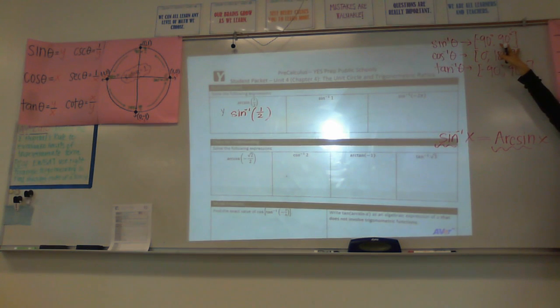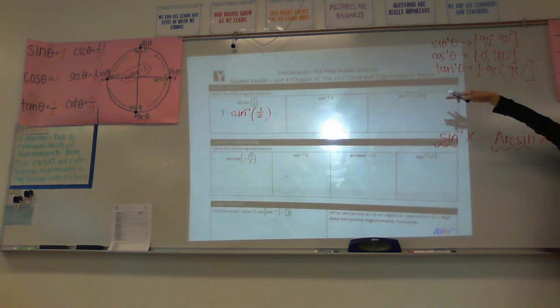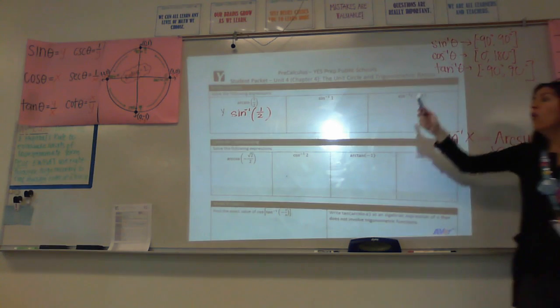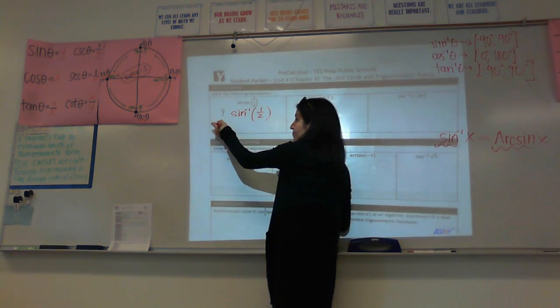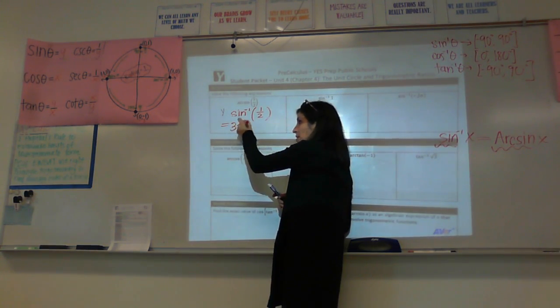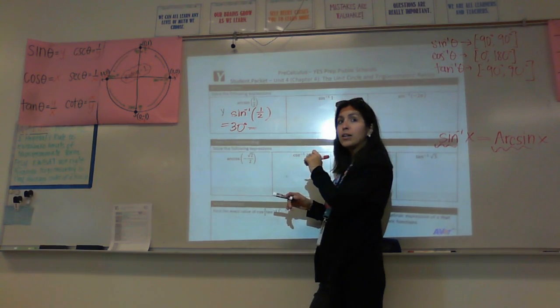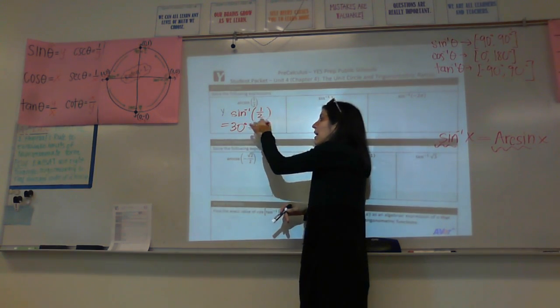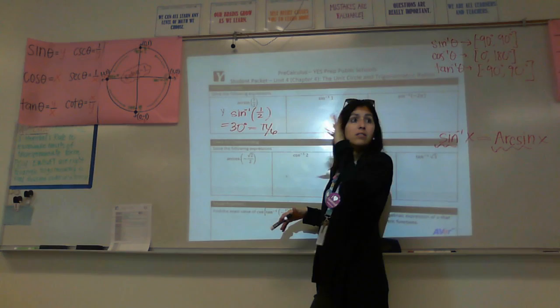And only one of those locations is between -90 and 90. 150 is outside of this range. So I get to throw that one out the window, which means the only answer to this question is 30 degrees. Or you know me, I would much rather prefer to see that as pi over 6. Done.